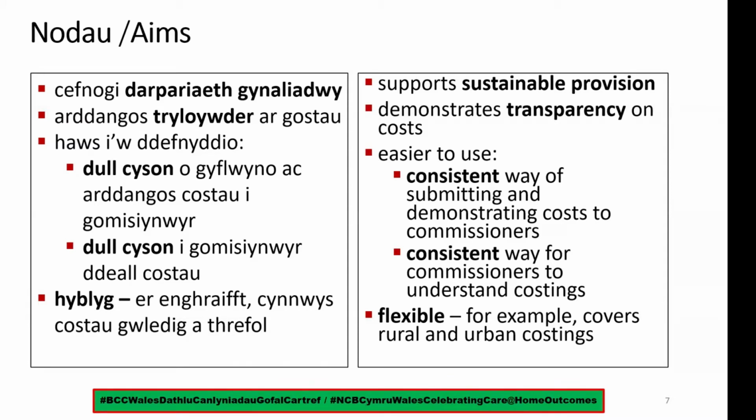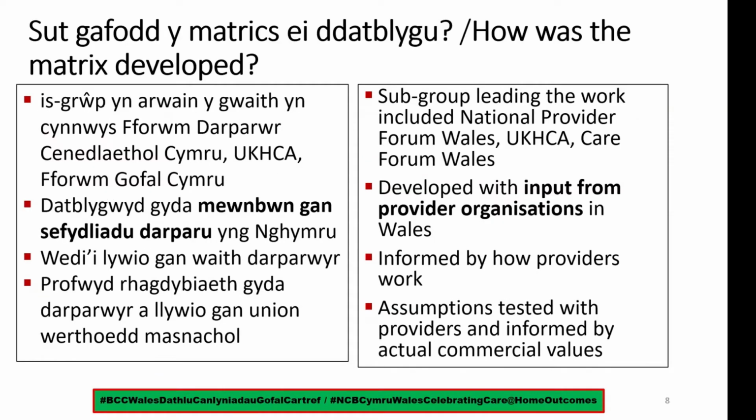So this model should provide a consistent way of submitting and demonstrating that full range of costs to commissioners, and also a consistent way for commissioners to understand costings. It was an aim to ensure that the method also had some flexibility so that you could enter alternative values to understand costs in different contexts.